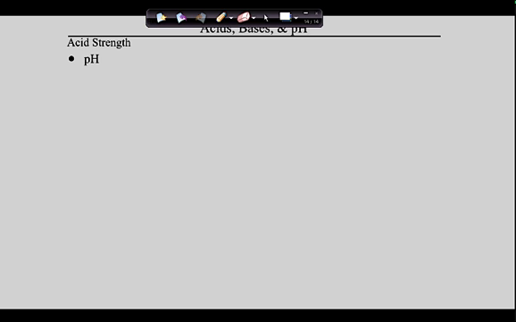pH. What does the H stand for? What are we talking about? Acids. What do acids give away? Hydrogens. Guys, pH stands for something. The H is hydrogen. So what does the P stand for? It's actually not base. It's the mathematical symbol for logarithm.